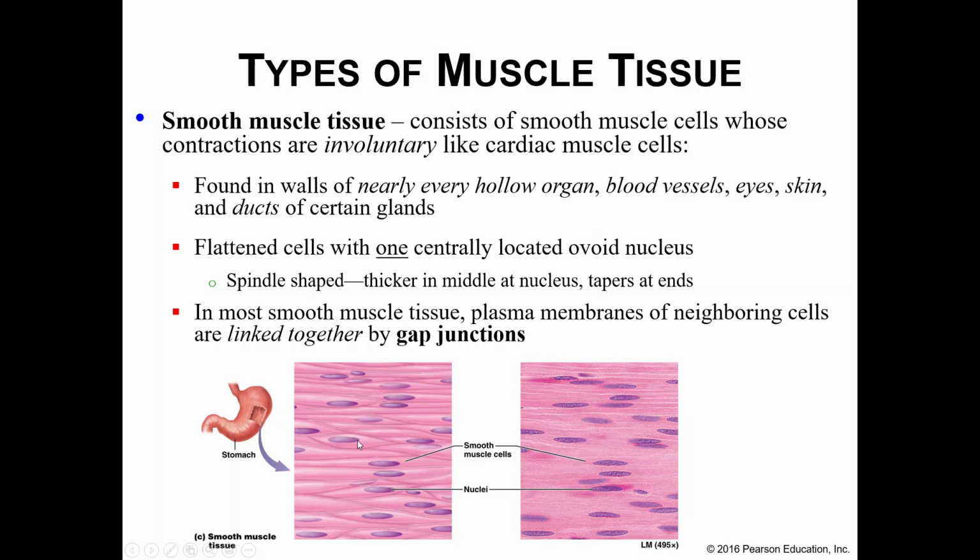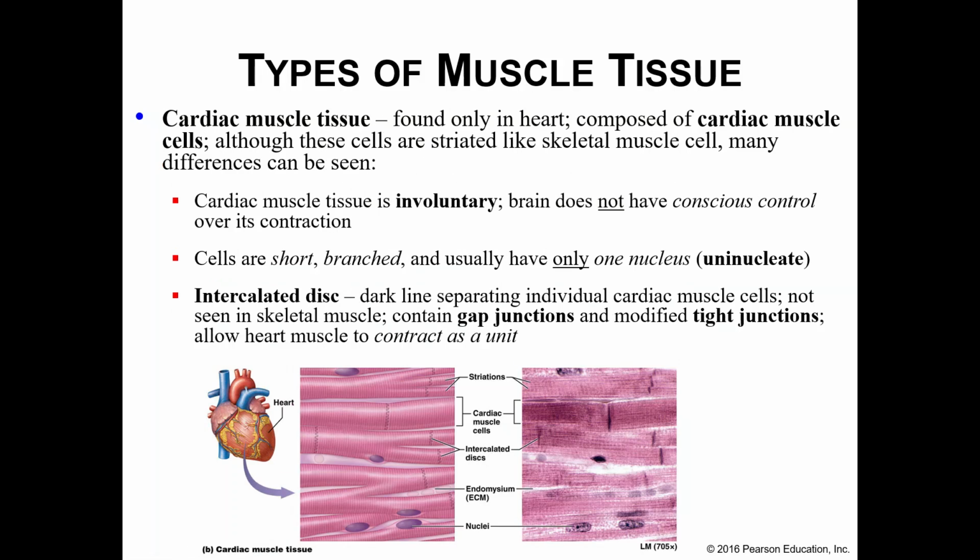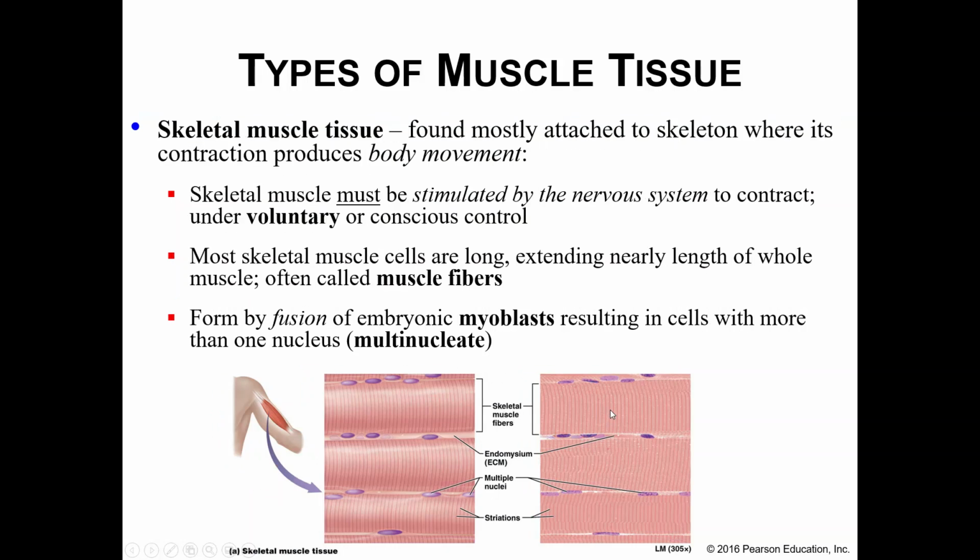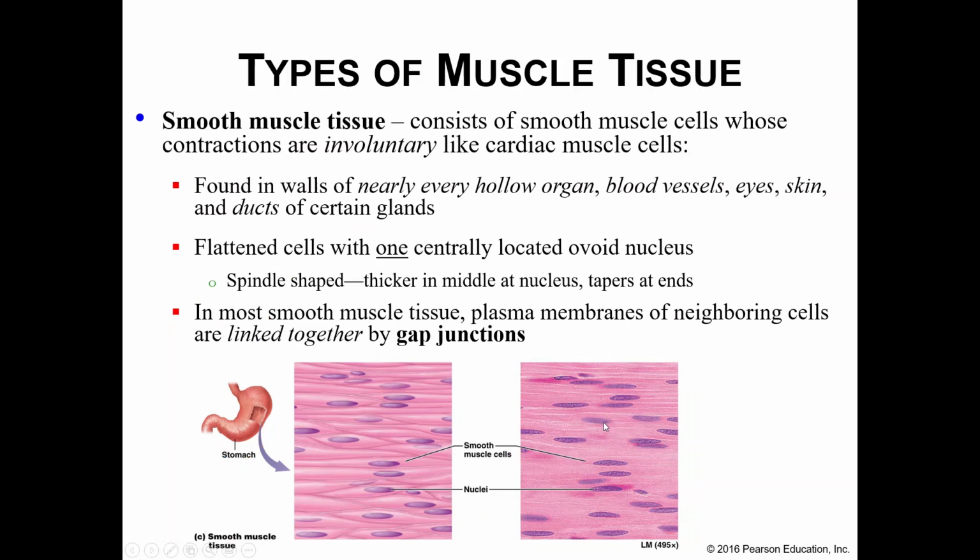You have a very prominent nucleus in the center of the cell as well, so that's kind of a defining characteristic. So these nuclei are not exactly in the center of these cells, and you have a ton of nuclei here, but they're not in the center of the cells. So that's kind of a distinguishing characteristic as well for smooth muscle.